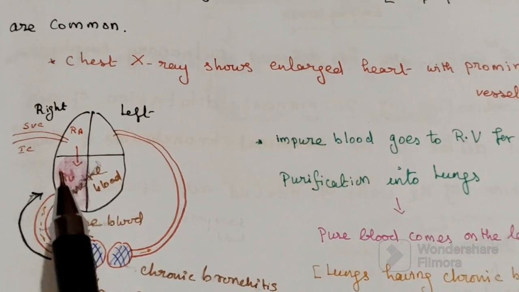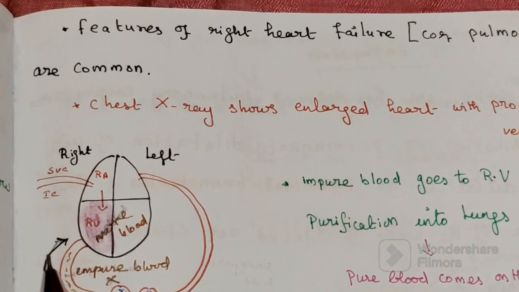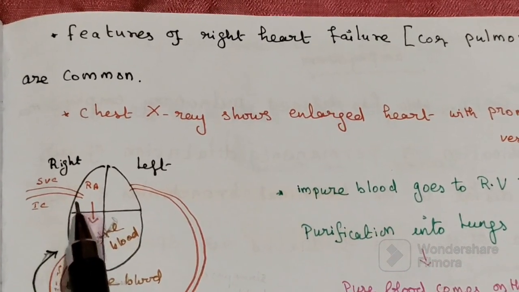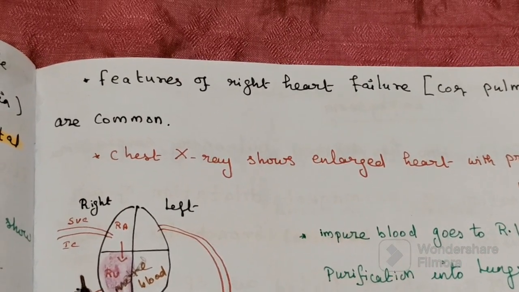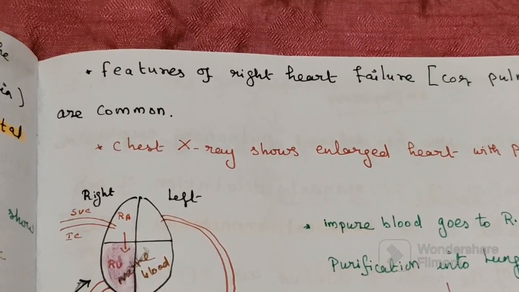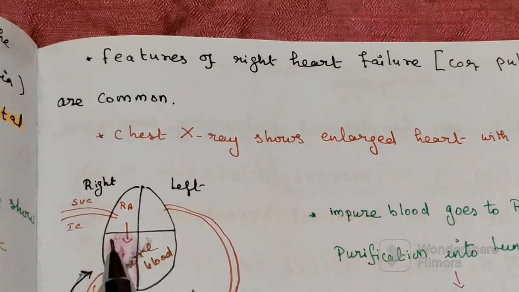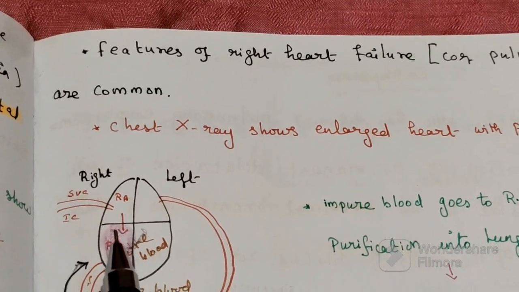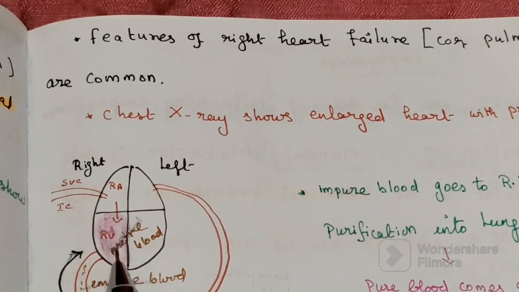So this is the diagram of the heart. The right side of the heart receives impure blood from the SVC and IVC. All the impure blood comes to the right atrium. From the right atrium it goes to the right ventricle.